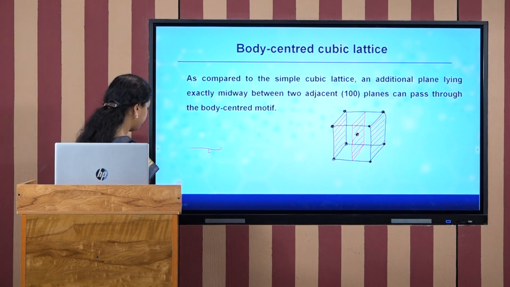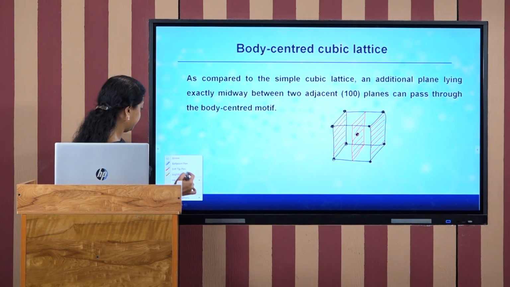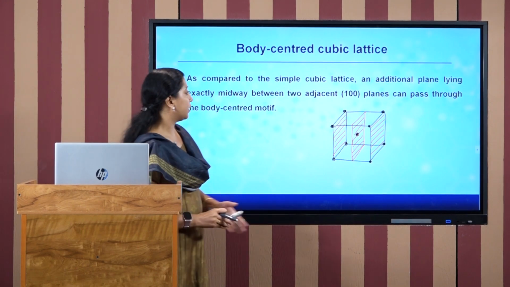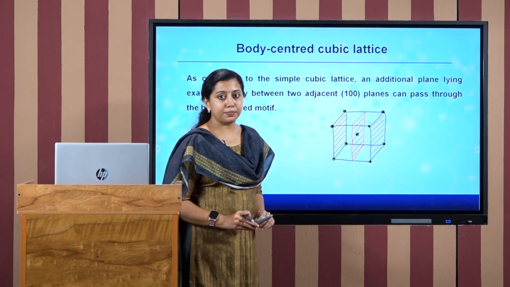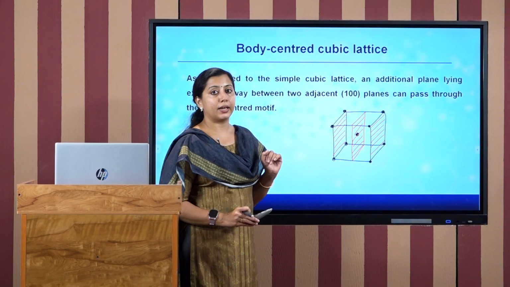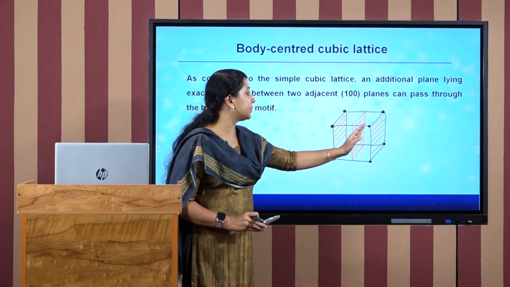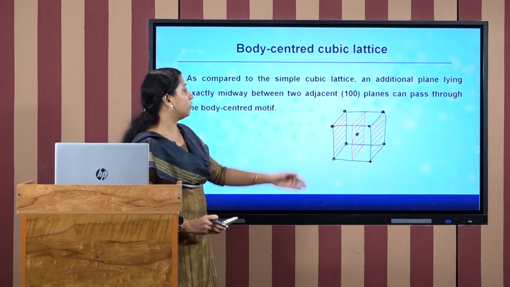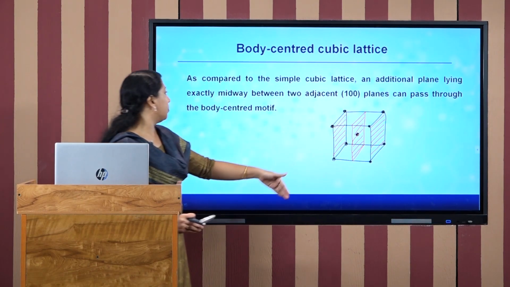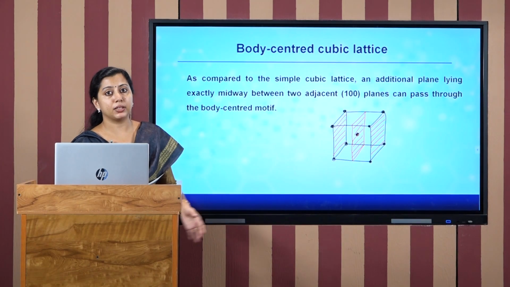Okay. So, in a simple cubic lattice, there are 1 0 0 planes. When it comes to a body centered lattice, exactly midway between the two adjacent 1 0 0 planes, there will be a plane passing through the body centered atom or body centered motif.